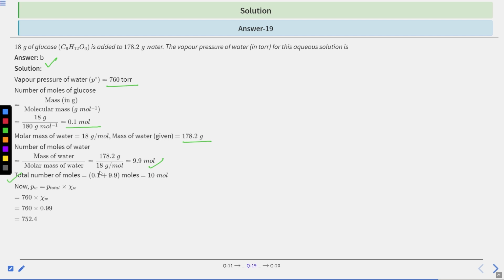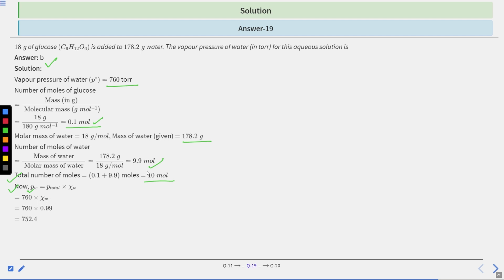So the total number of moles in the solution is 0.1 plus 9.9, which is 10 moles. Now we know that the vapor pressure of water is equal to total vapor pressure times the mole fraction of water.